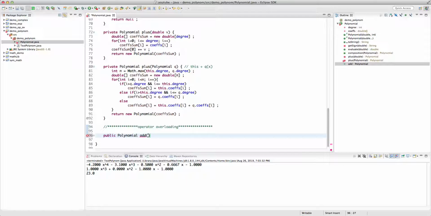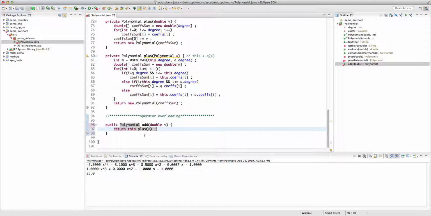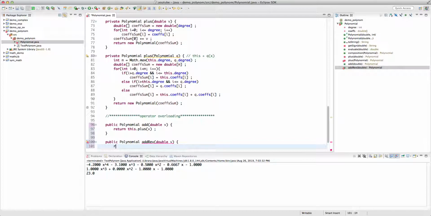Add double v, basically return this plus v. Okay, and then public polynomial add reverse double v, return this plus v.